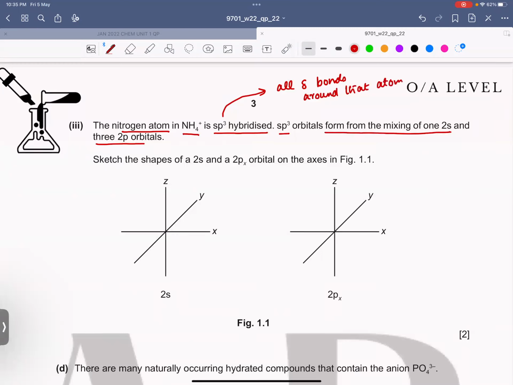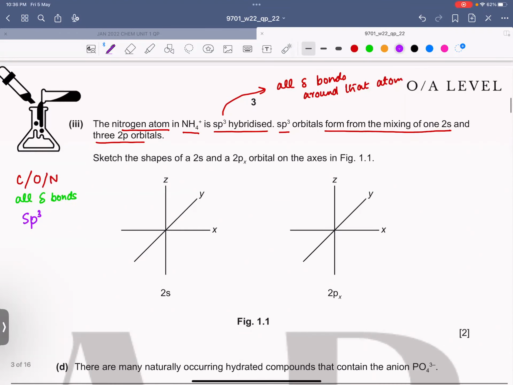So that is the rule, whether it is a carbon or oxygen or nitrogen. If that carbon, oxygen or nitrogen is forming all sigma bonds and there is no pi bond, then that carbon, nitrogen or oxygen is sp3 hybridized.